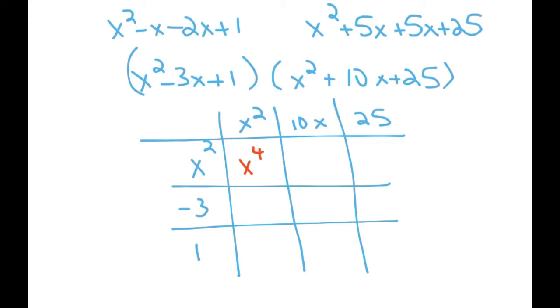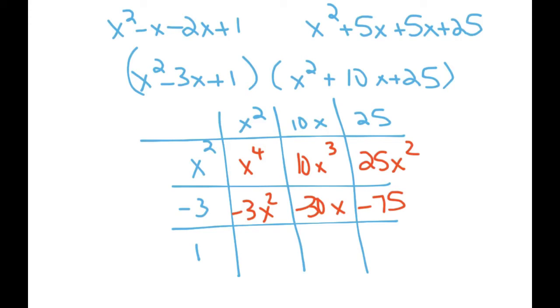So x to the fourth, 10x cubed, 25x squared, negative 3x squared, negative 30x, and negative 75, x squared, 10x, and 25.